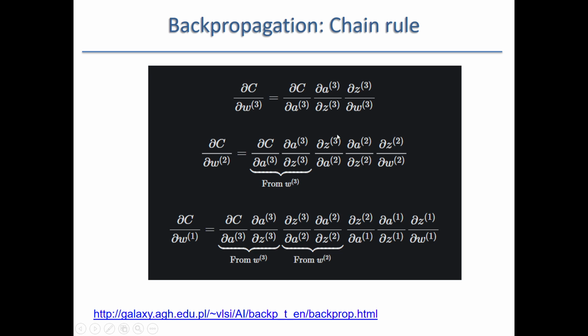But we can observe that this term here is the same term that we had up here. And if you move back and back, further back in the network, you see that this term is the same that you had here, and then you have a similar term. So it is all the time the same structure.